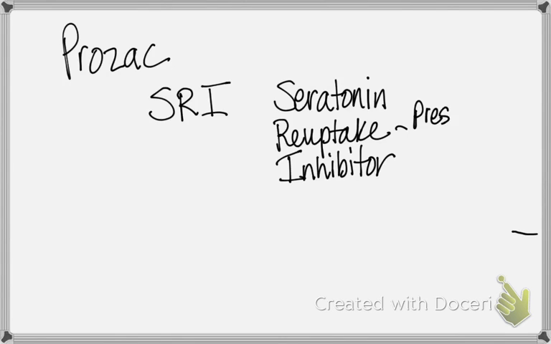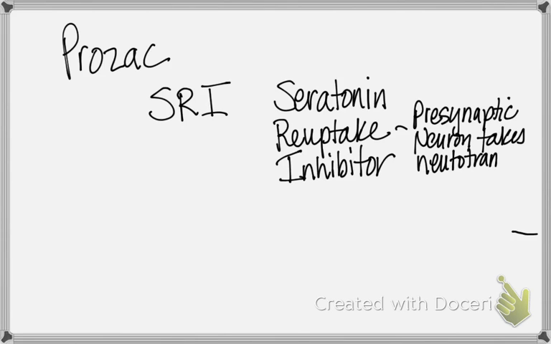So the presynaptic neuron takes the neurotransmitter back in. And to inhibit means to keep something from happening, right? To stop it, to impede it. So if you're stopping reuptake, then where is that serotonin going to be?